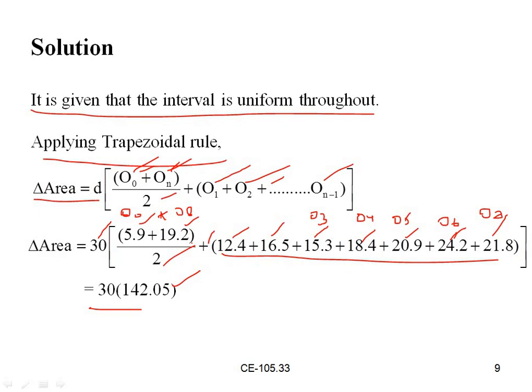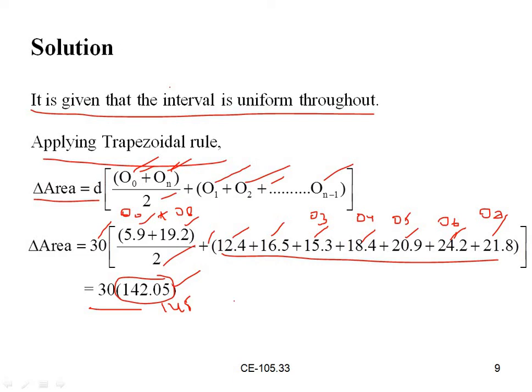Then 15.5 plus 12.4 plus 16.5 plus 15.3 plus 18.4 plus 20.9 plus 24.2 plus 21.8, then we will get 145. It is not 142.05; the answer is 145.